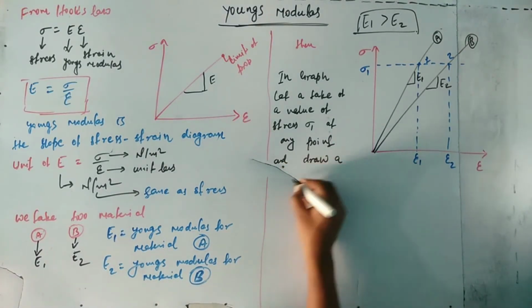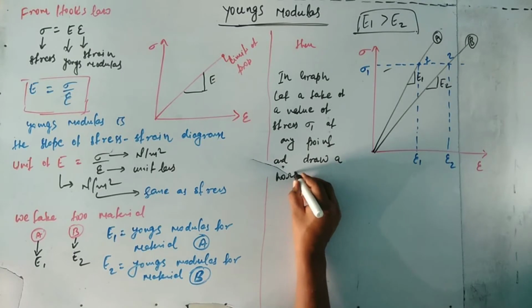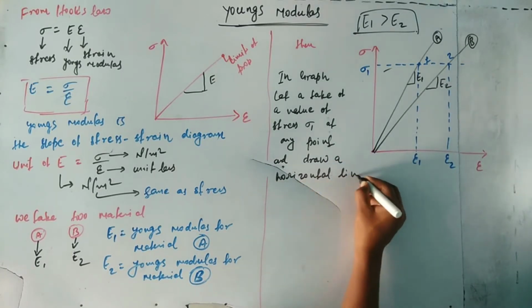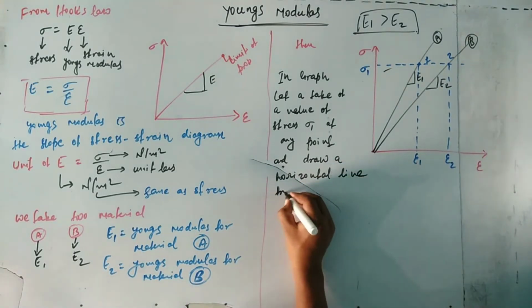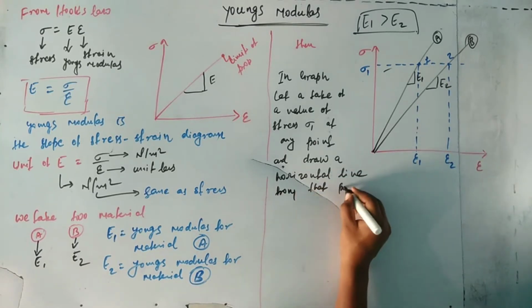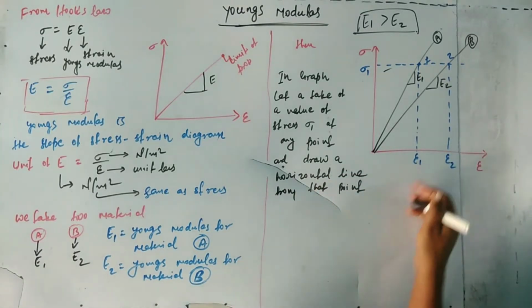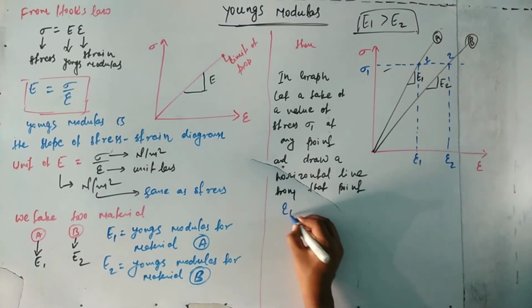Let us take a value of stress sigma 1 at any point and draw a horizontal line from that point. The strain for material A and B will be different.